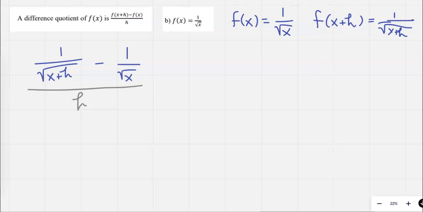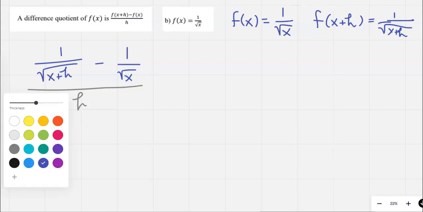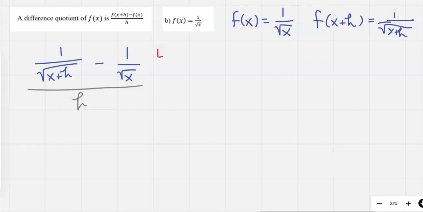Okay, so first thing we're going to do, remember I mentioned looking at the least common denominator. Looking at the denominators, or the bottom portions of the fractions, in our numerator for the overall difference quotient, the least common denominator is going to be the square root of x and the square root of x plus h multiplied.